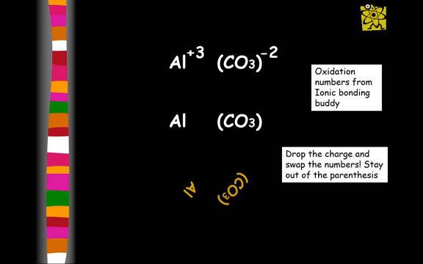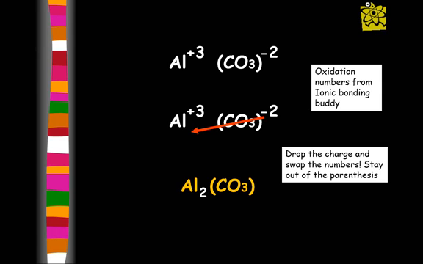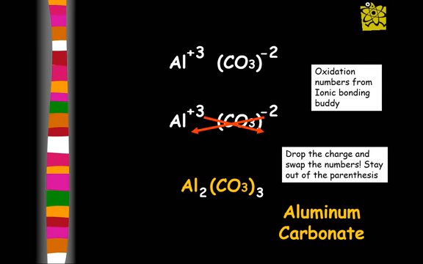Here you have aluminum, and it's got the +3, and this other polyatomic ion, carbonate, has -2. Drop the charge, swap the number, drop the charge, swap the number. Notice that the number goes on the outside of the parentheses. It makes up what we call aluminum carbonate.